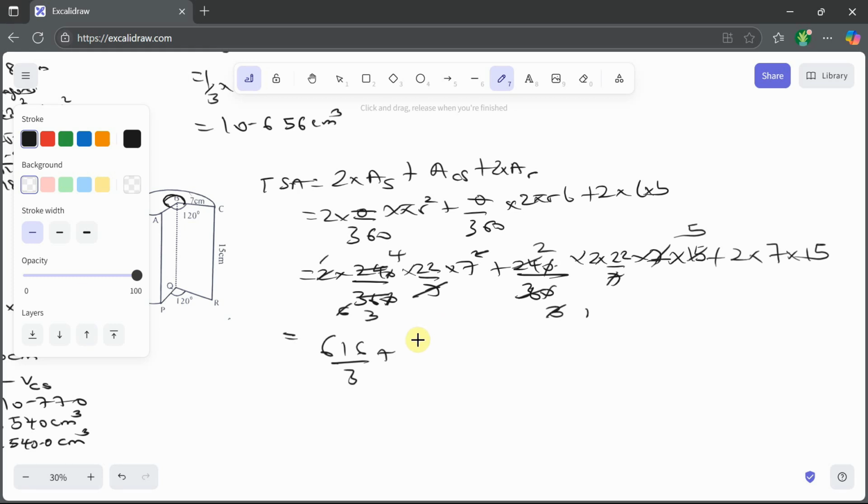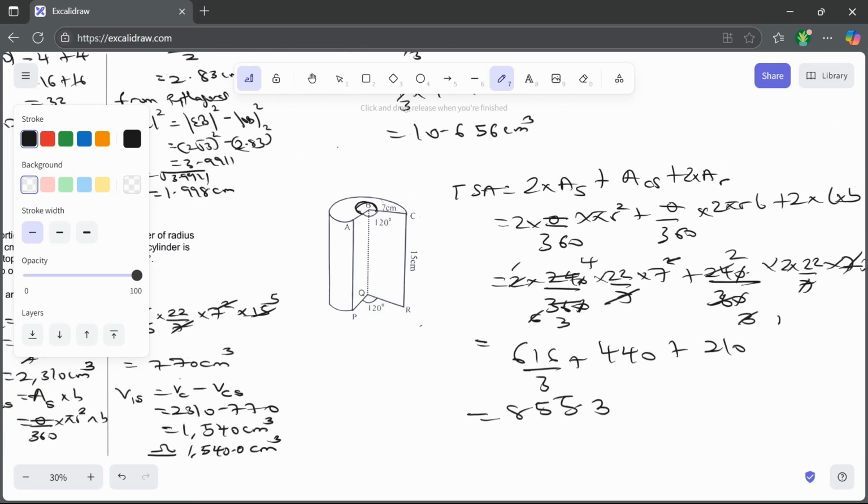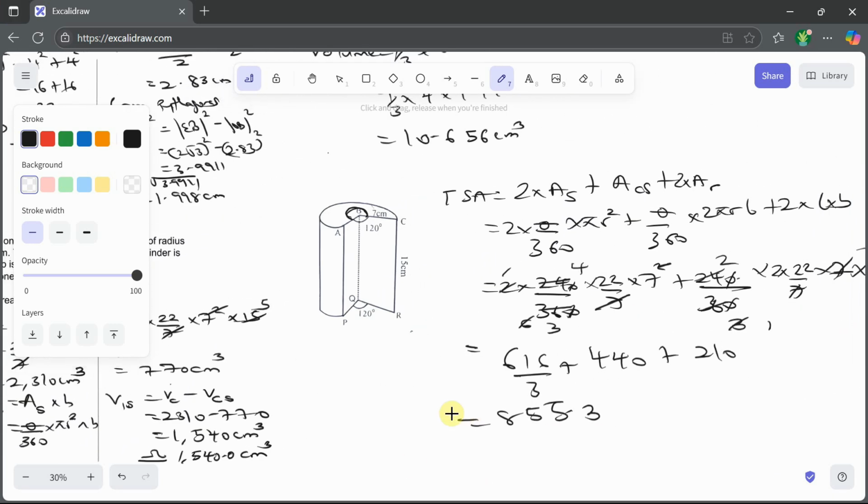So plus 440 plus 2 times 7 times 15, that will give you 210. So 210 plus 440 plus 616 all over 3. This gave me 855.3. They said to one decimal place, right? So I had 0.33, so this is approximately 855.3 centimeter squared to one decimal place.